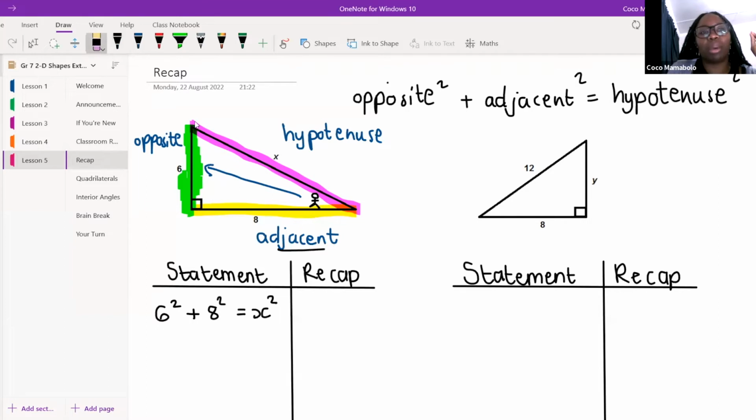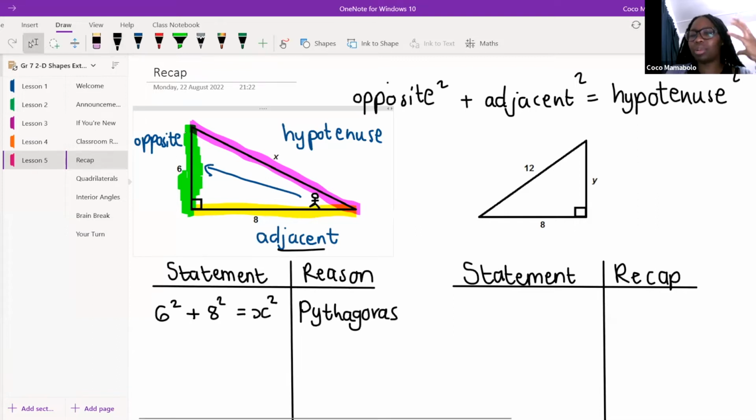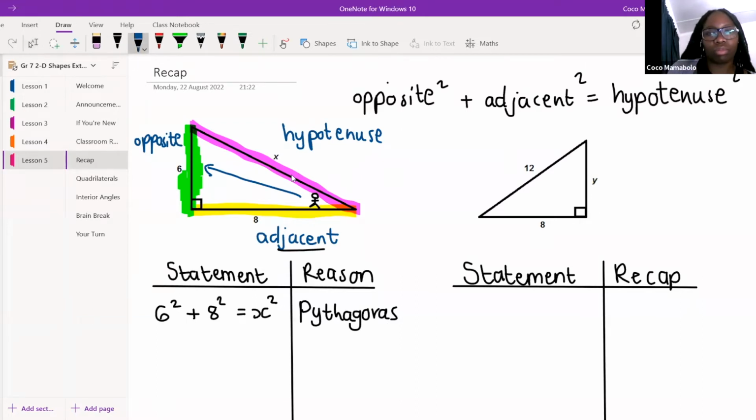Look, I wrote recap instead of reason. Your reason is Pythagoras. Excellent. I'm glad it's coming back to you, Kerry, little bit by little bit. Excellent. Monday, I need you to finish up the sum for me. Okay.